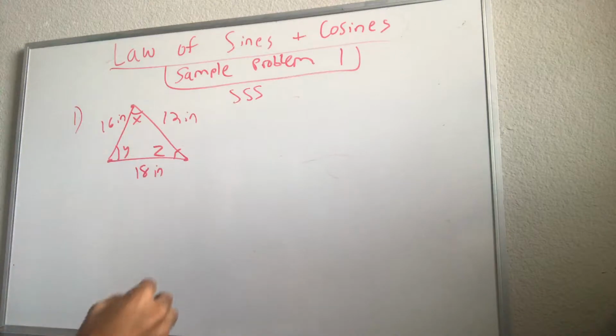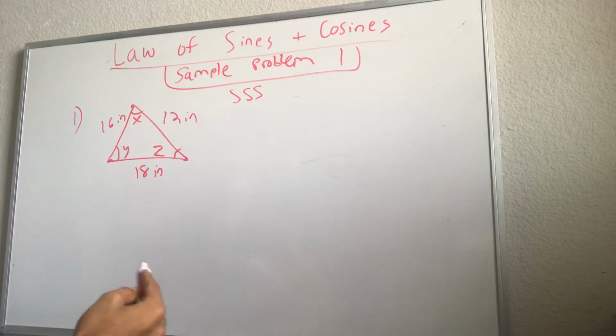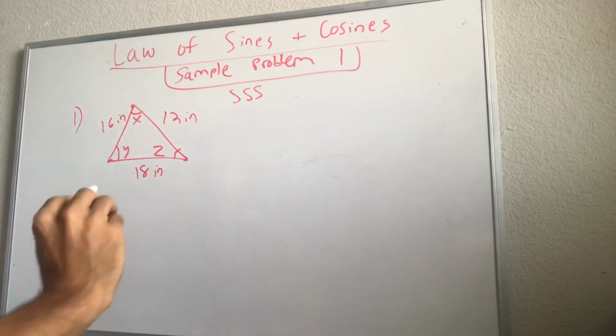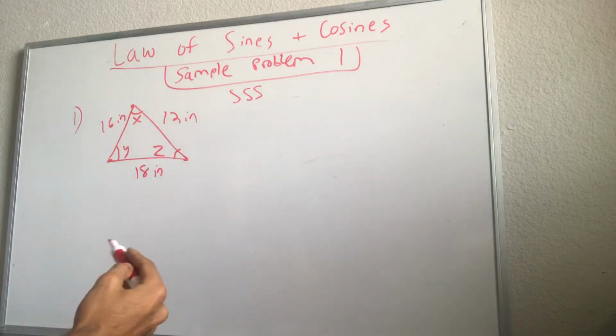So 16 plus 12 is 28. 28 is greater than the longest side, which in this triangle is 18. Therefore, this is a triangle. At times, your answer just may be that there's no triangle, it doesn't exist. But this does prove that there is a triangle, because 16 plus 12, 28, is greater than 18.